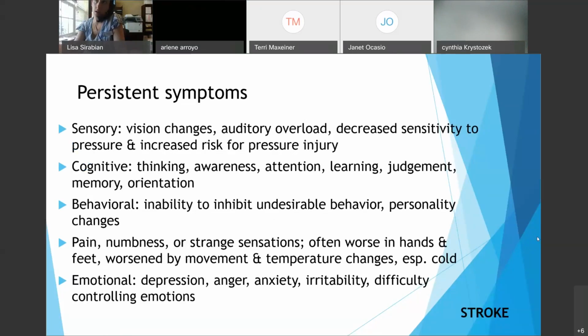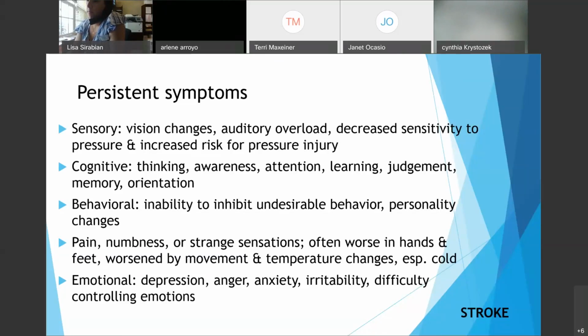Persistent symptoms might also include sensory issues, so vision changes, auditory overload, which basically is sort of being overwhelmed by stimuli and affecting their concentration, decreased sensitivity to pressure, which increases the risk for pressure injury. They may have cognitive symptoms, so thinking, awareness, attention, learning, judgment, memory, orientation.